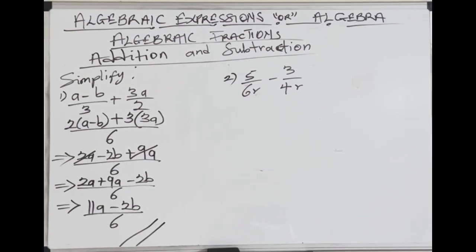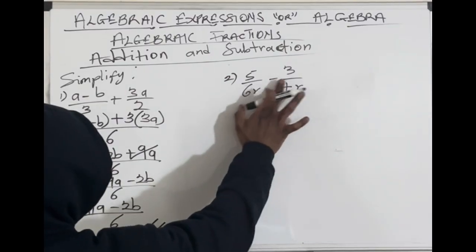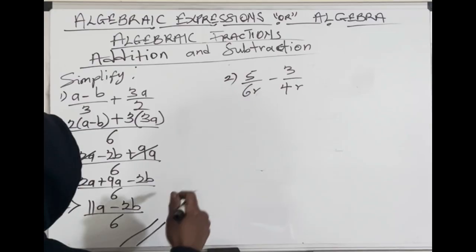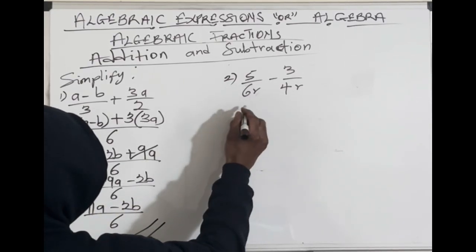Okay, our last example. We have 5 over 6r minus 3 over 4r. It's kind of interesting because there is a variable in the denominators, but it doesn't change anything.